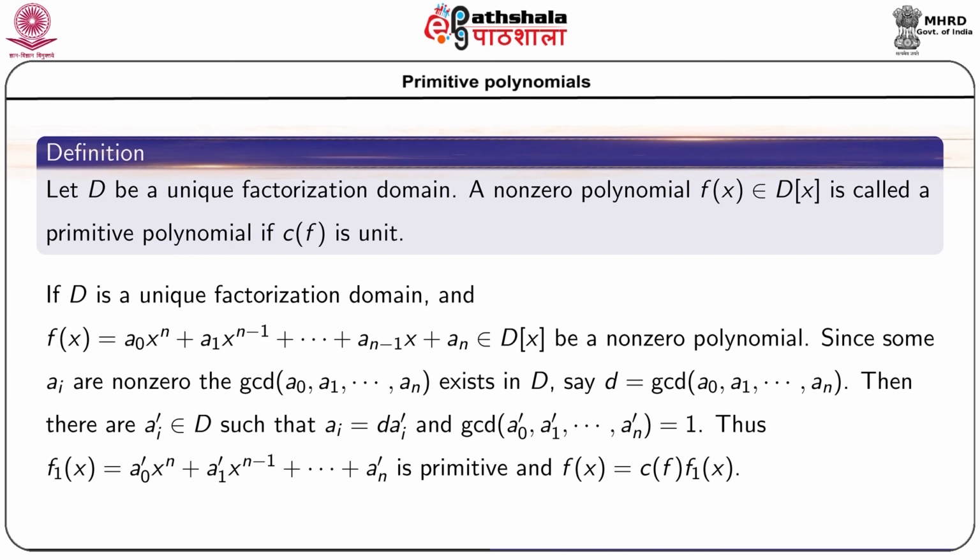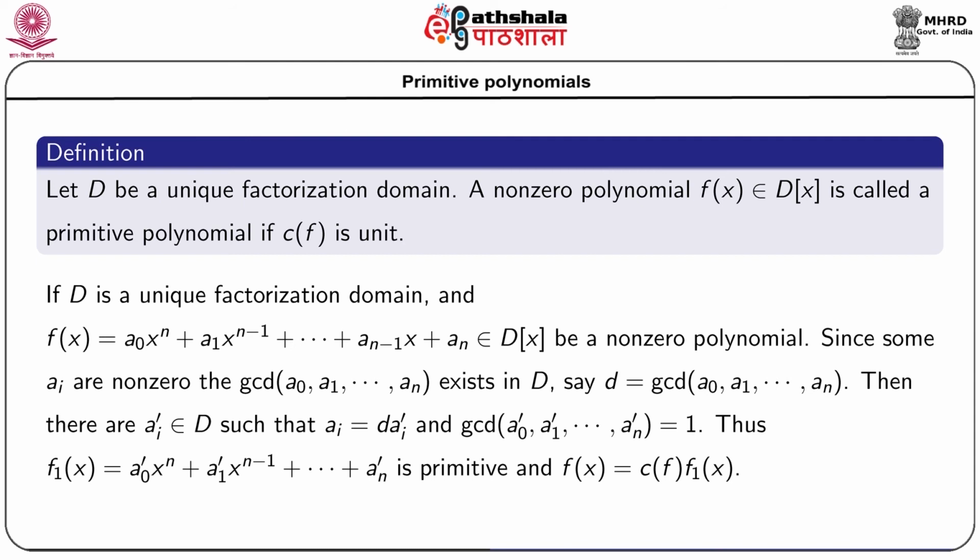Now, we show that if f(x) is a non-zero polynomial, then it can be expressed as f(x) equal to the content of f times some primitive polynomial f1(x). Consider f(x) as a0 x to the power n plus a1 x to the power n minus 1 up to an in D[x], which is non-zero.